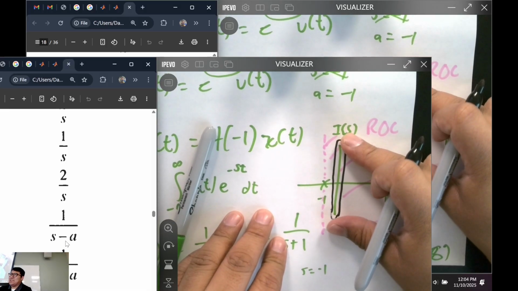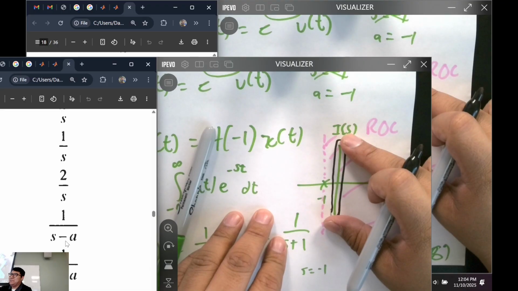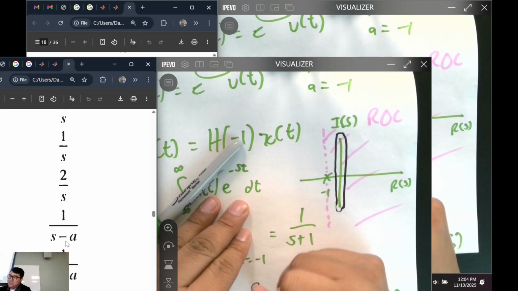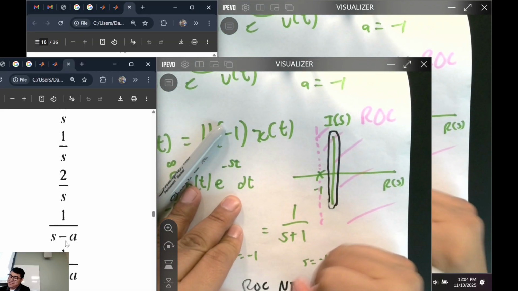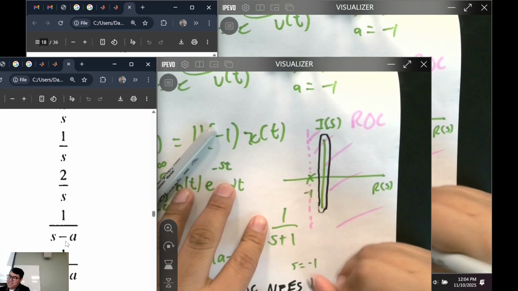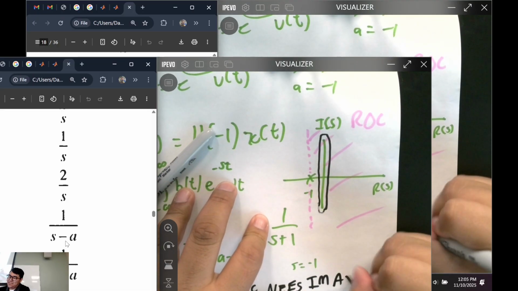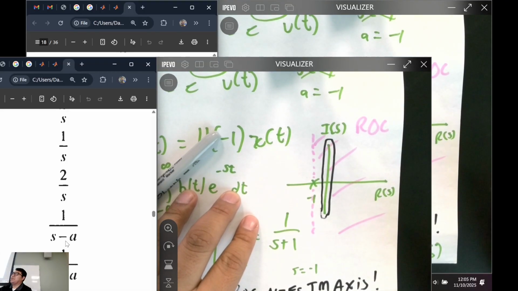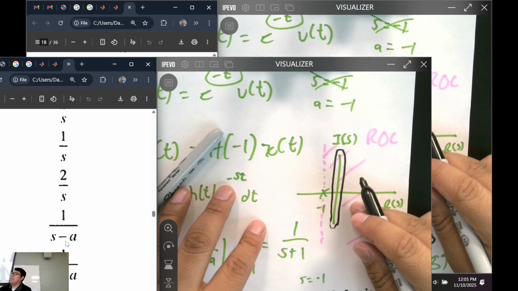Why? So it's stable. Okay? Is that good? So the ROC needs to include the imaginary axis, right? Memorize that, okay? So you know your thing's not going to blow up, all right?